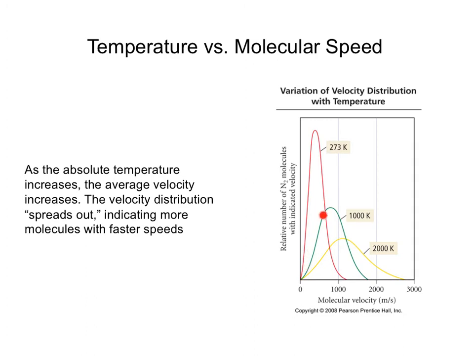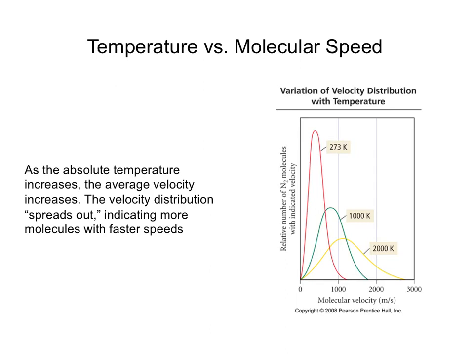Increase the temperature, most of the molecules are traveling at a higher velocity or speed. Increase the temperature again, and you get them going faster. So we know that that happens. That's pretty much common sense.